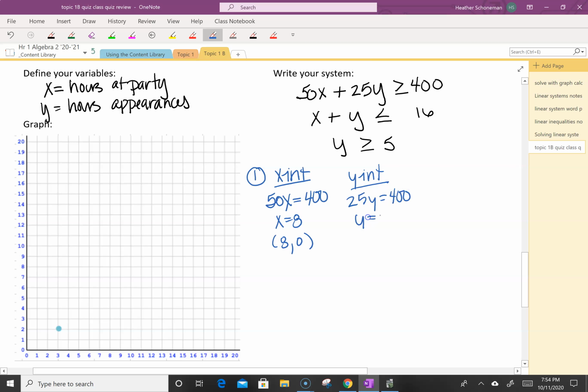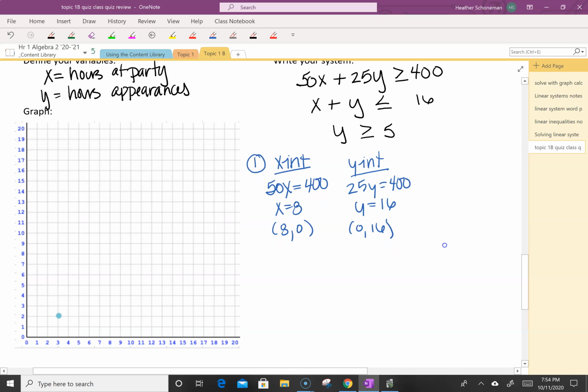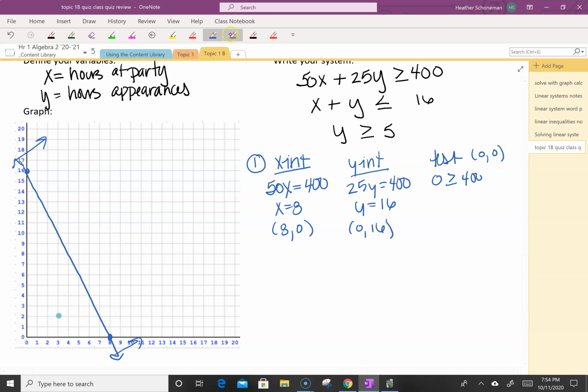I divide and y equals 16, so that's (0, 16). These are all less than or equal to or greater than or equal to, so it's a closed circle. So point at 8, point at 16, and there's my line. When I do the test and plug in (0, 0), 0 is not greater than or equal to 400, so I need to shade away from the center.